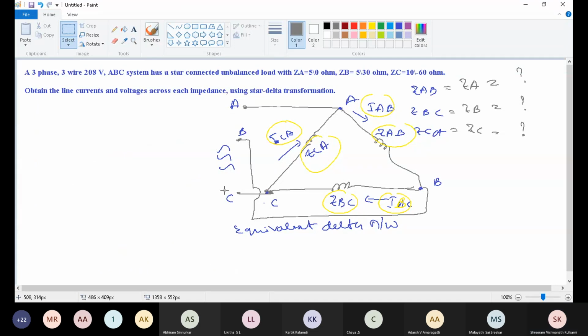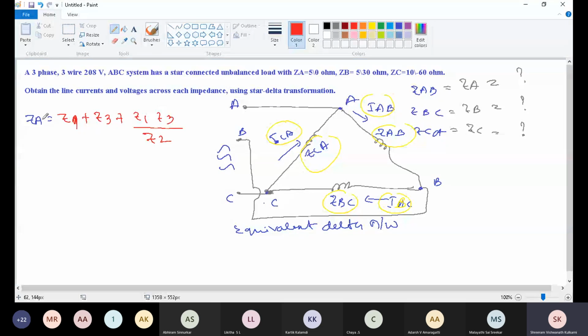See, ZA is equal to Z1 Z3 by Z2. Solve for ZA, ZB, ZC. In the question they have given ZA, ZB, ZC, sir. I am just taking this one as ZAB.